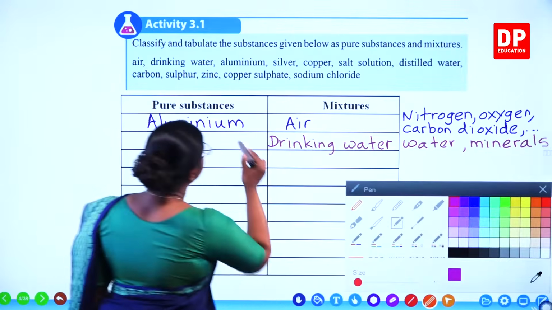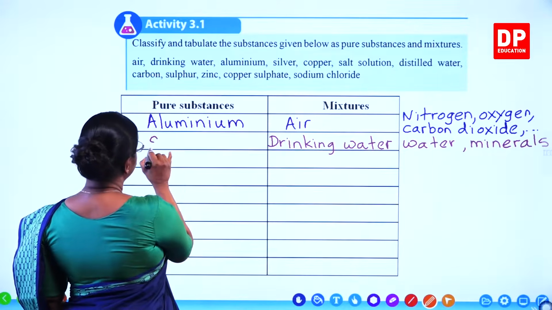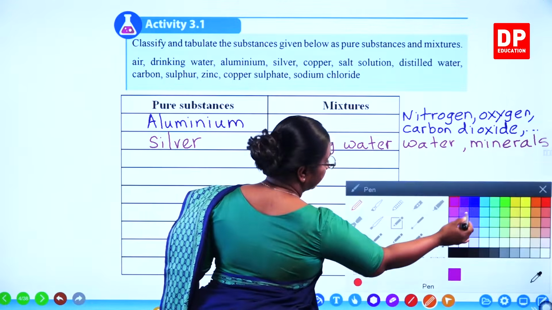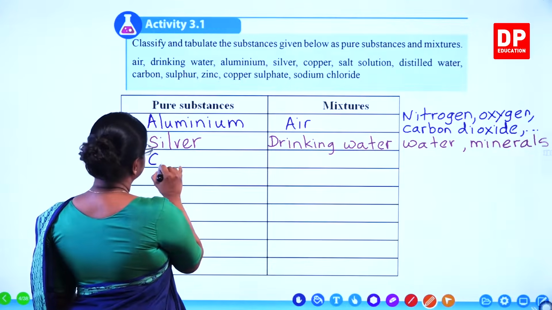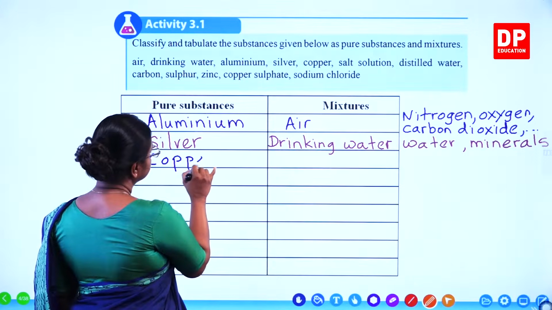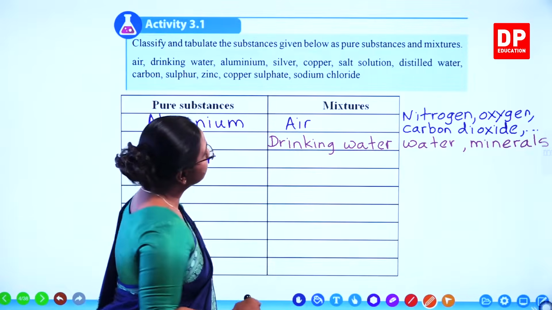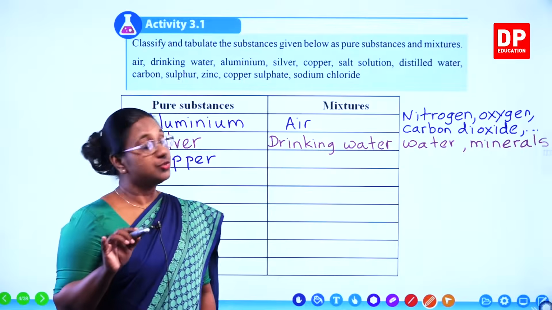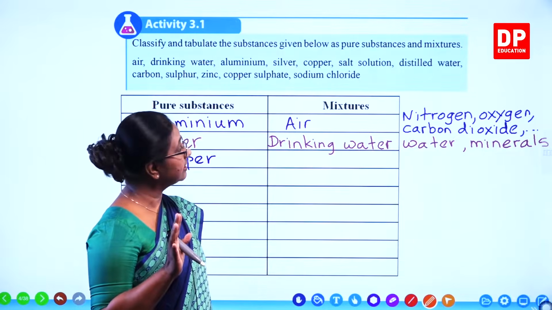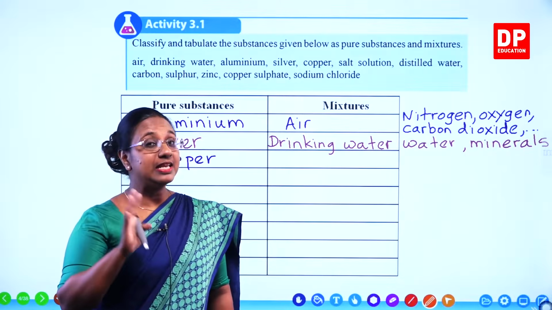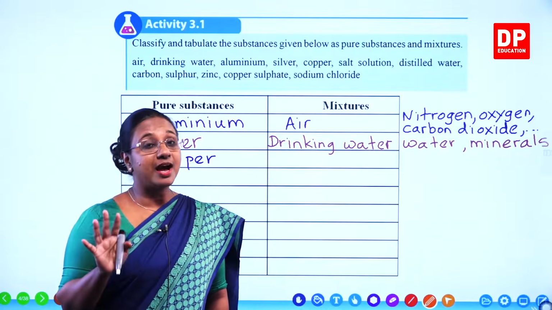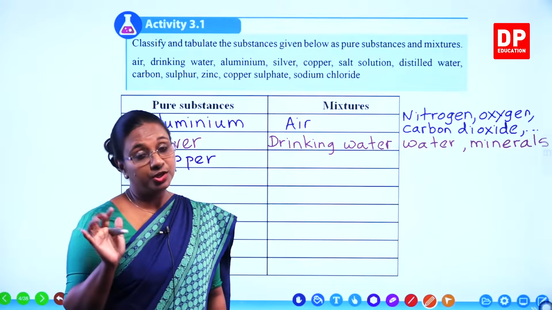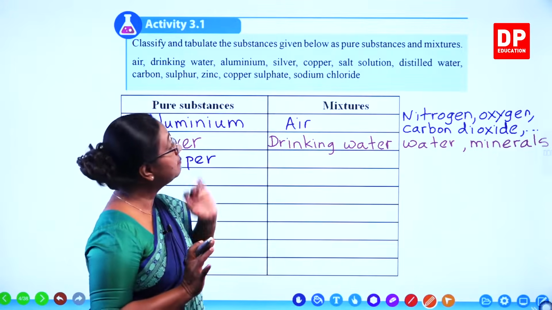What is the next one? Salt solution. So, from that name itself, you can identify. It says solution. So, that means there has to be more than one substance. Salt is dissolved in water. So, that has to be a mixture.